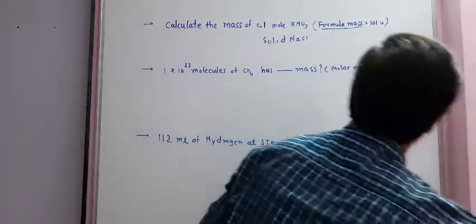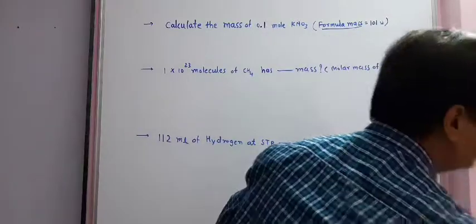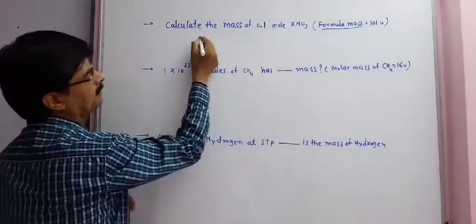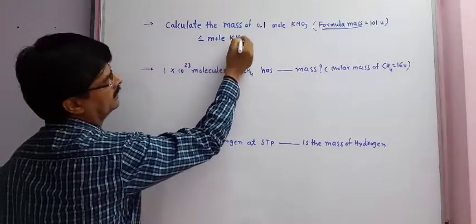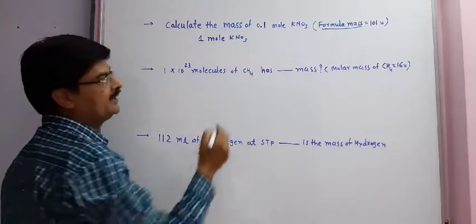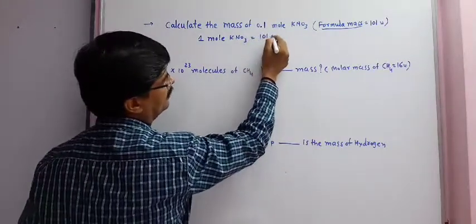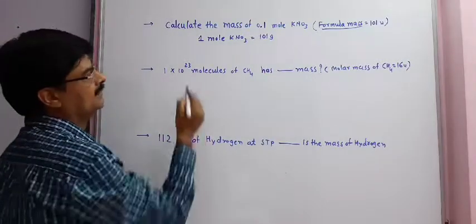Now we are solving this sum. 0.1 mole of KNO3. If 1 mole KNO3 is present, then we can say it is 101 gram unified mass or 101 gram.